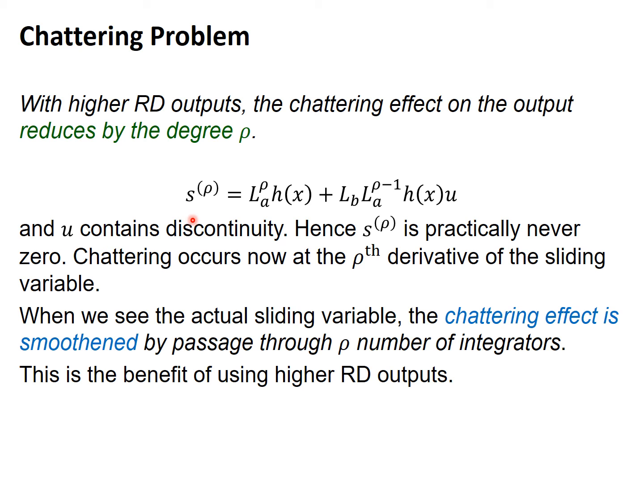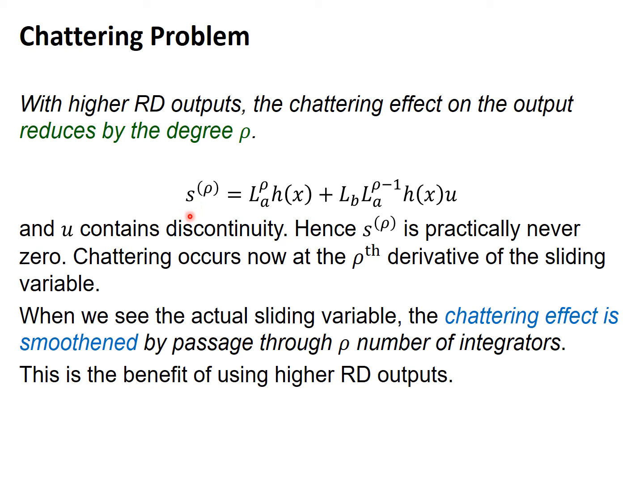So the chattering effect present on the rhoth derivative of S is reduced by the order rho, because it passes through rho integrations to come to S. So we get a value closer to 0 for S than if we had chosen a sliding variable which is only relative degree 1.